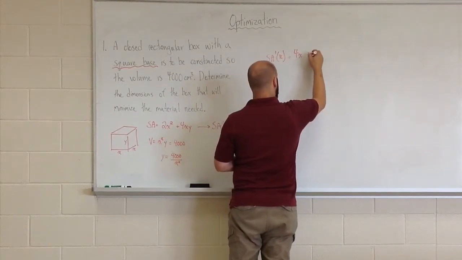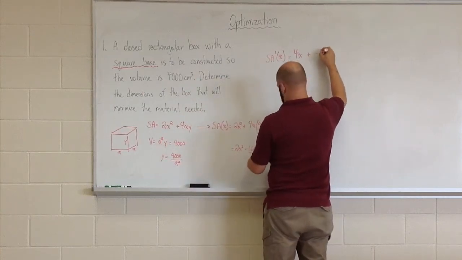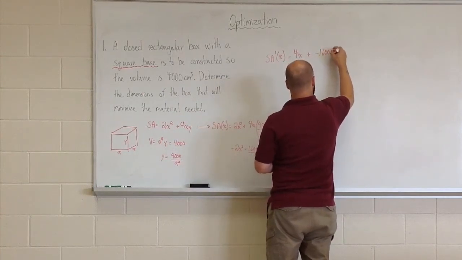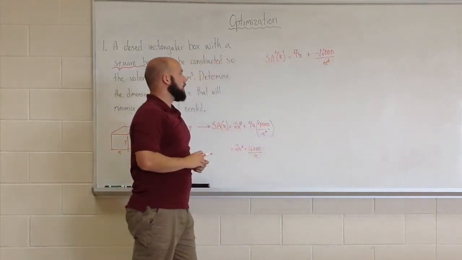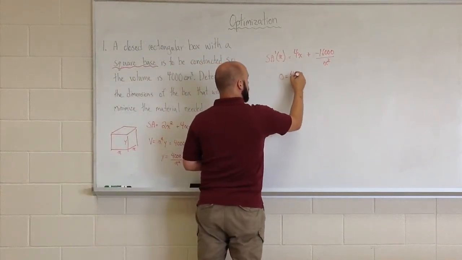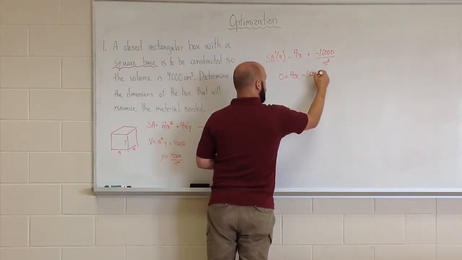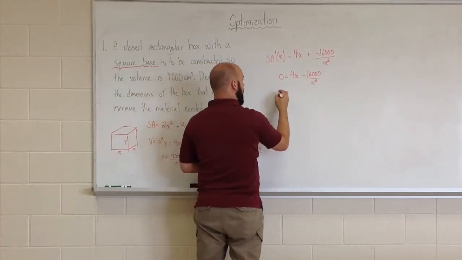4x plus, so this is going to be negative 16,000 all over x squared. Okay? Set that equal to 0. I'm going to bring this term over the other side.